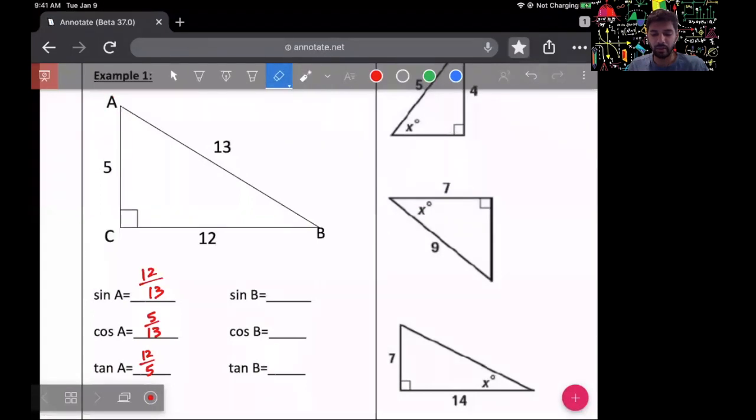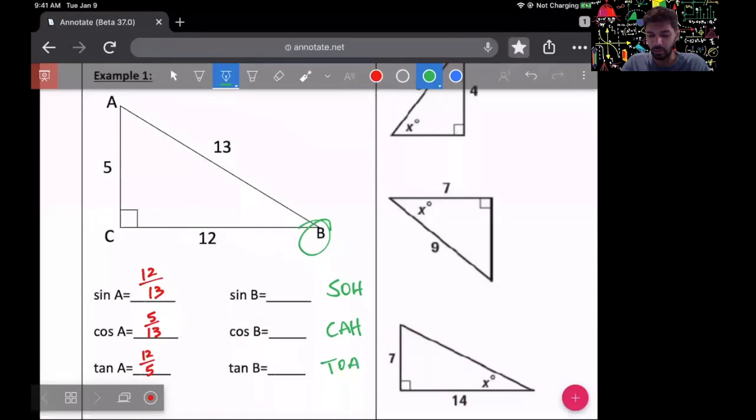Now let's talk about angle B. If I'm standing at a different angle, I'm going to use the perspective of this angle now. So sine of B, sine is SOH. Let me write those down here: S-O-H, C-A-H, T-O-A.